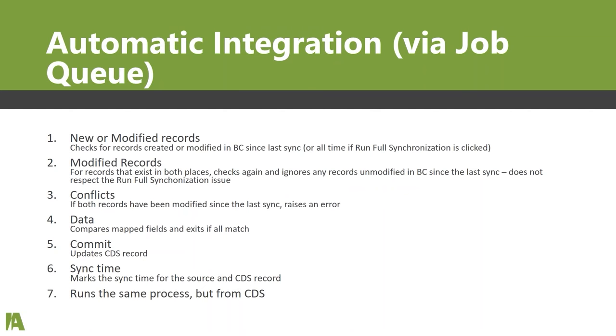So there's a job queue that can be scheduled. You can change the schedule of the job queue, but let's say we'll take customers. Say it runs every 30 minutes. It will run first and check for anything in Nav that it sees as being modified, and it will try to run through that process, the next 5 steps there, and then it'll go through and do basically the same process from the CRM or Common Data Service side.